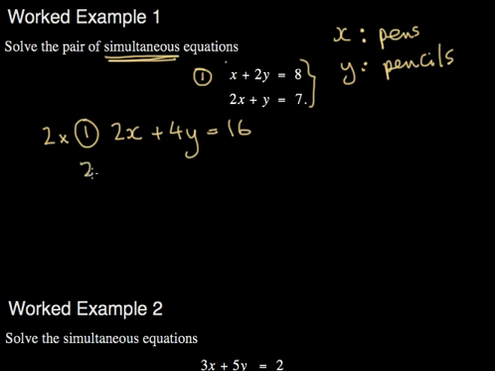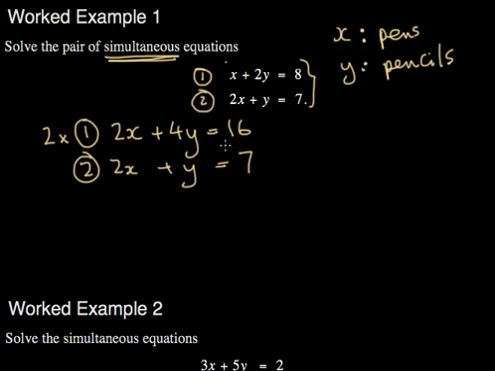And person number 2 who went into the shop ordered 2 pens and 1 pencil, which was 7 kwai. And the reason that I wanted to suggest that person 1 had doubled their order is because now both person 1 and 2 have ordered the same number of pens.